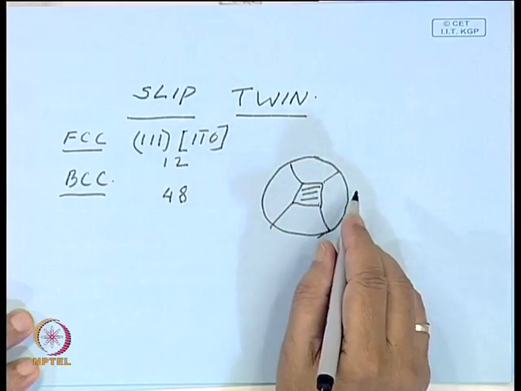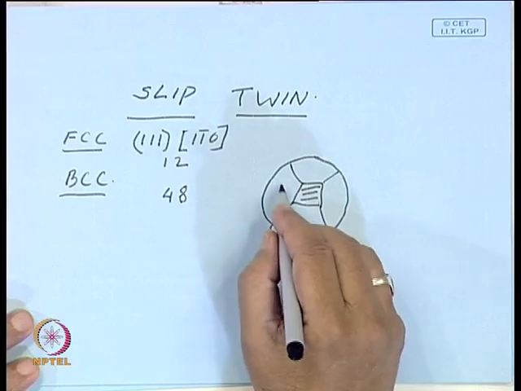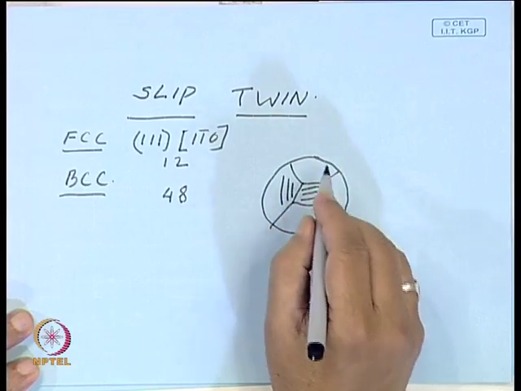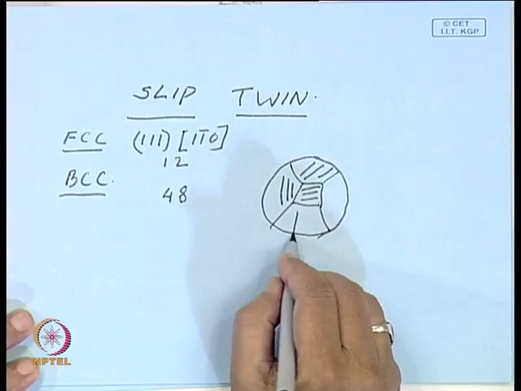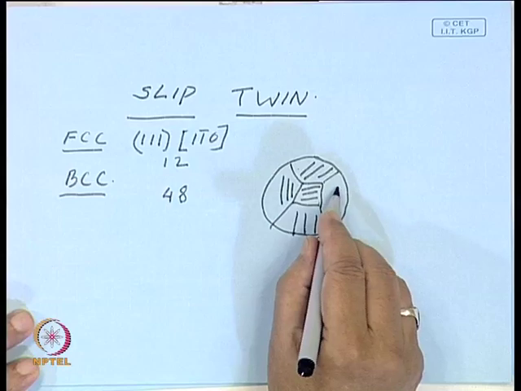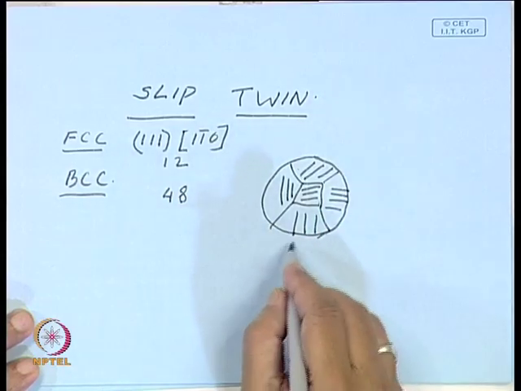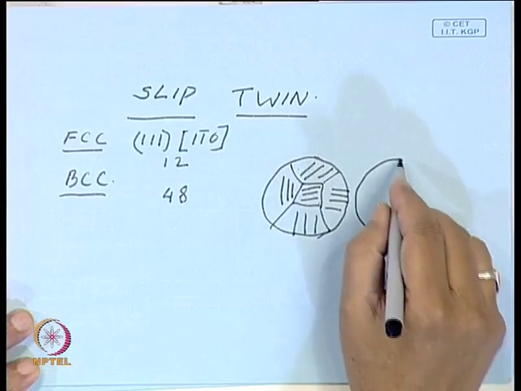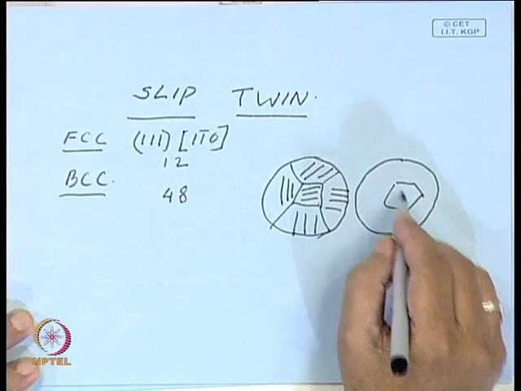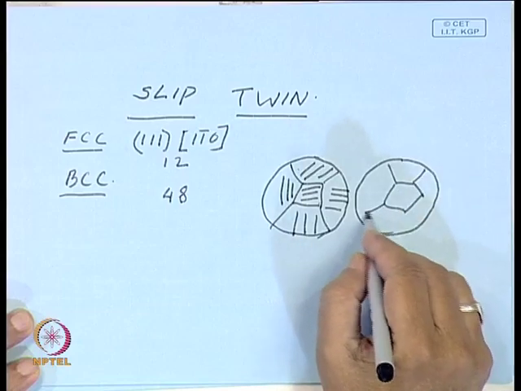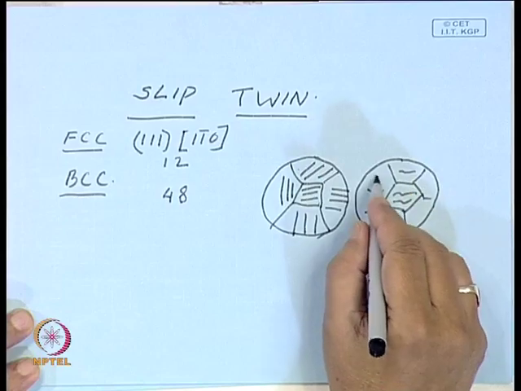In a polished sample, if you deform and look under a microscope, you will find such slip lines. Depending on the crystal orientation, they may be differently oriented, but they are straight. Whereas the same thing, if it is BCC, you will find them say like this. So, wavy.